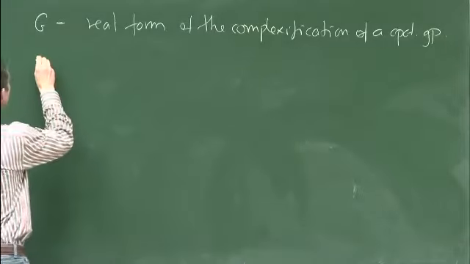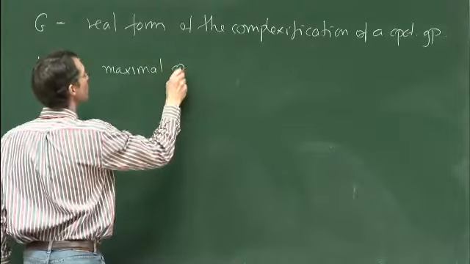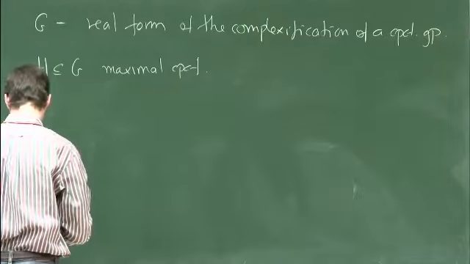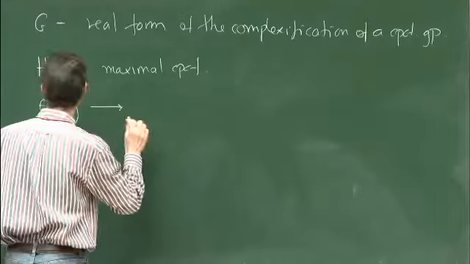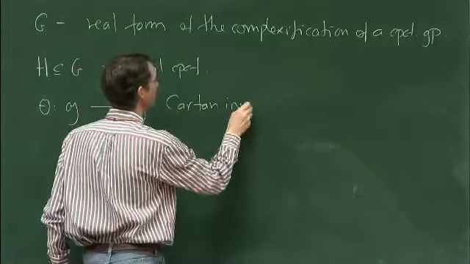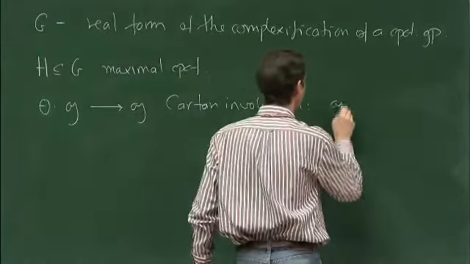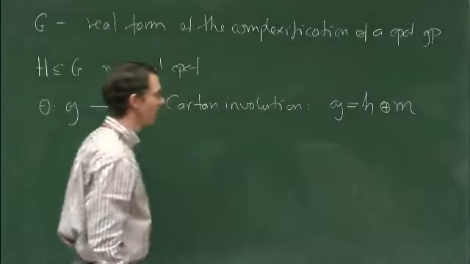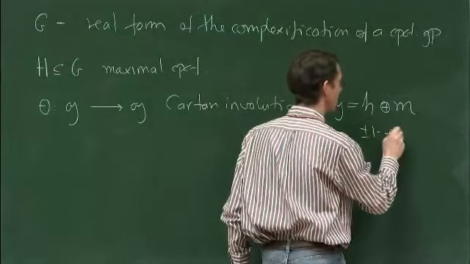First of all, we need a maximal compact subgroup H. We also need a Cartan involution on the Lie algebra of G, which gives us a decomposition of the Lie algebra of G into the Lie algebra of H and some complement that I'll call M. These are the plus and minus 1 eigenspaces of this involution.